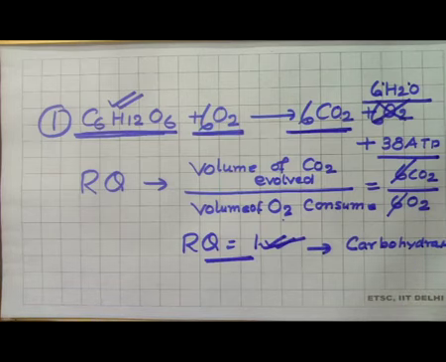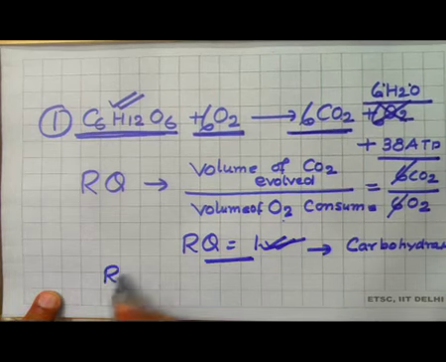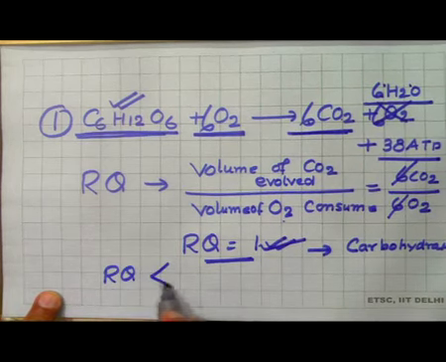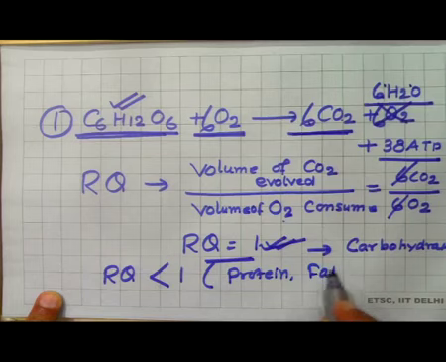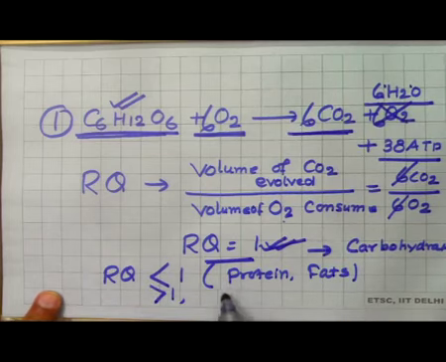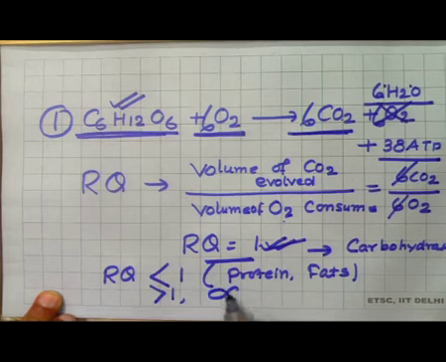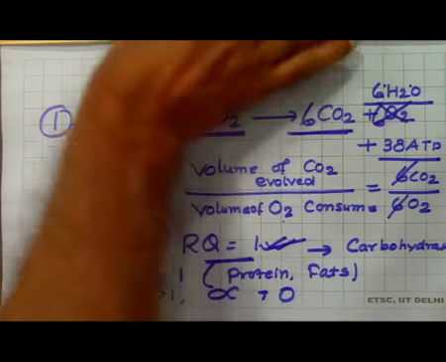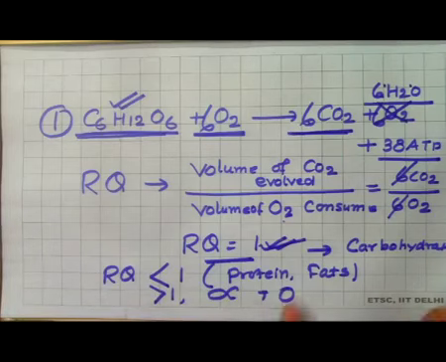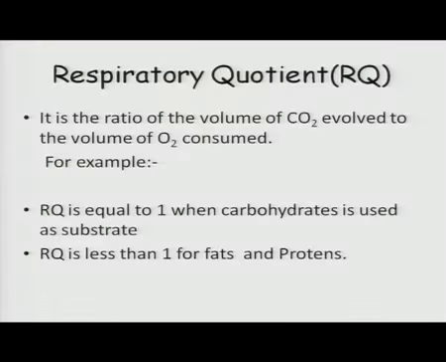When RQ is less than 1, the substrate will be protein or fats. The RQ may be greater than 1, may be infinite, may be 0, we will discuss that later on. Now, this is the RQ of carbohydrate.